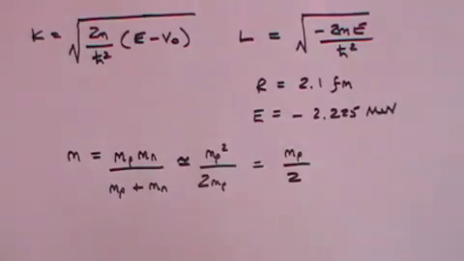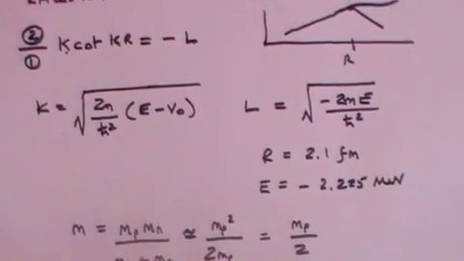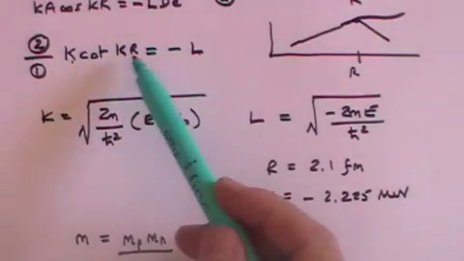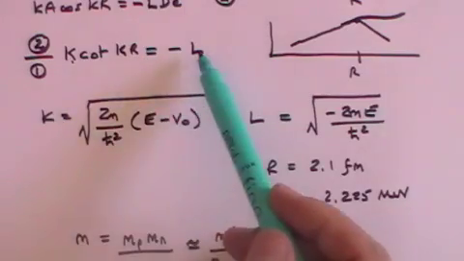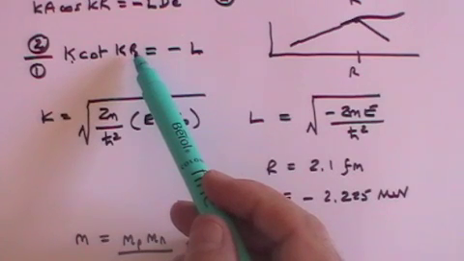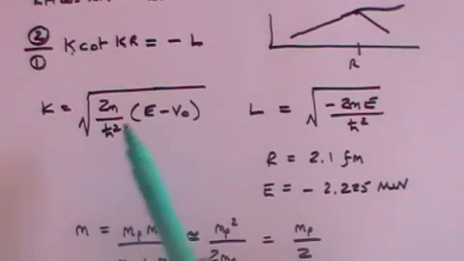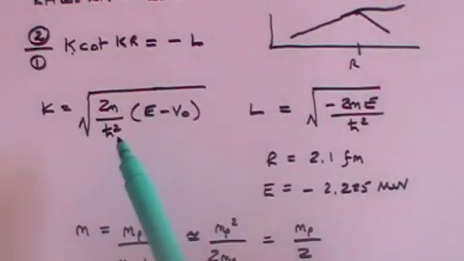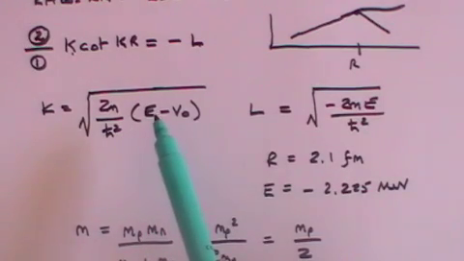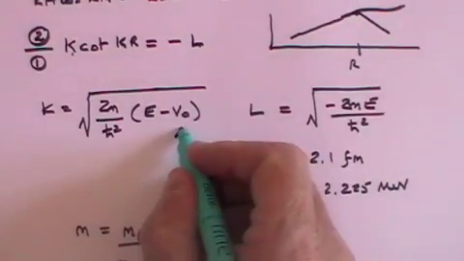So let's have a look at this. In this formula here, which is the one we've derived, that K cotangent KR equals minus L, we know R, because that's the 2.1 Fermis. In K, we know everything. The mass, we know h bar, that's Planck's constant. We know E, that's minus 2.225. We don't know V. That's what we're trying to find.